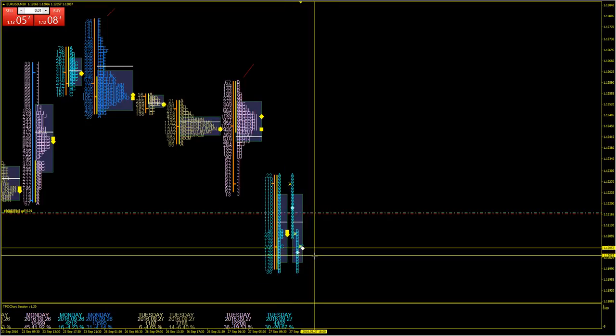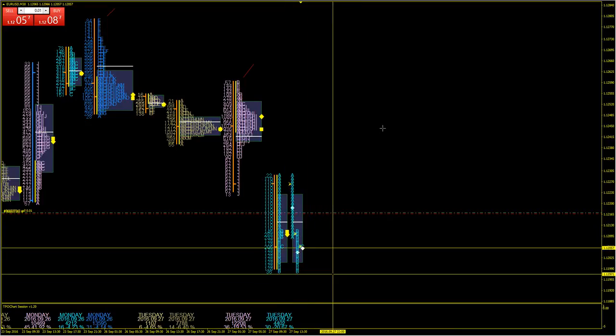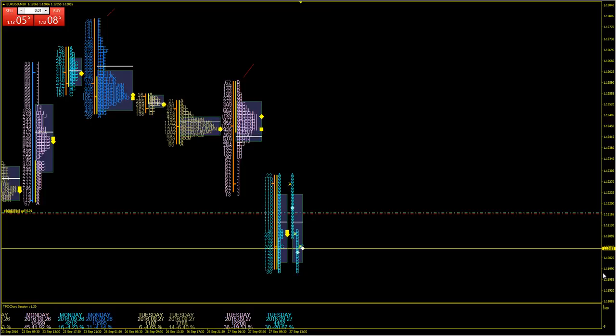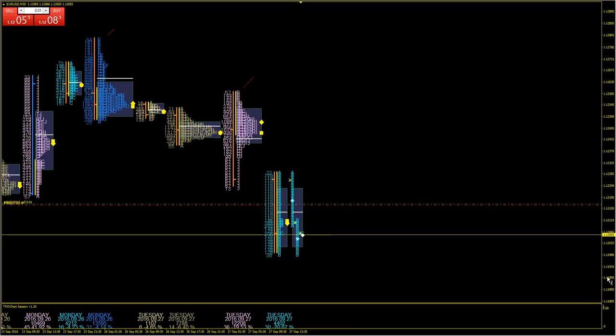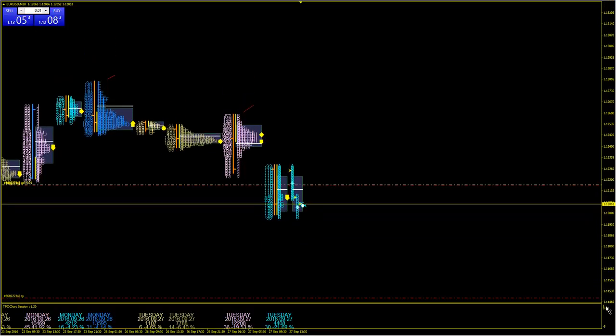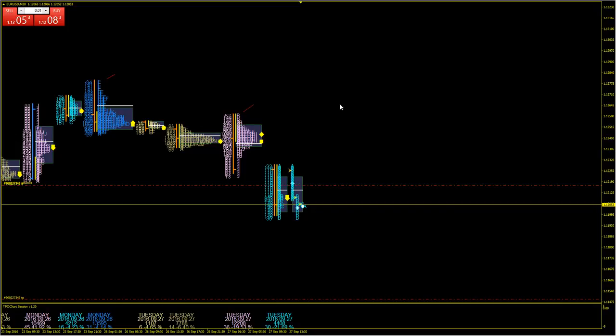So I'm expecting further downward continuation, and at least to try to catch 30, 45, 30 to 60 pips until the end of the day. I have about 3-4 hours, till the end of the US session.